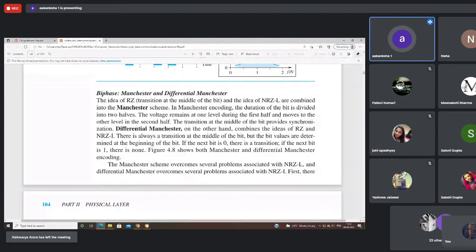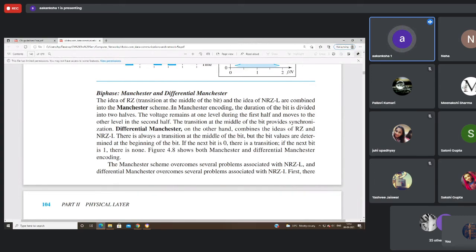So the idea of return to zero, the transition at the middle of the bit, and the idea of NRZL are combined into the Manchester scheme. And the idea of RZ and NRZI are combined to get differential Manchester. RZ says there should be synchronization and there should be a transition in the middle of the bit, showing that the bit is changing.